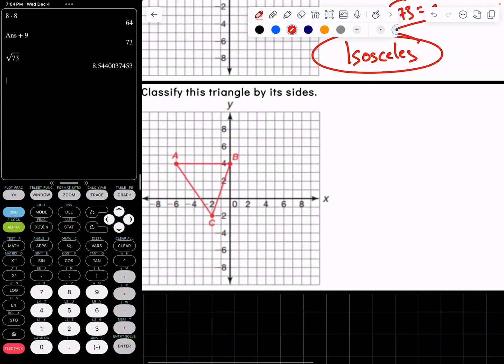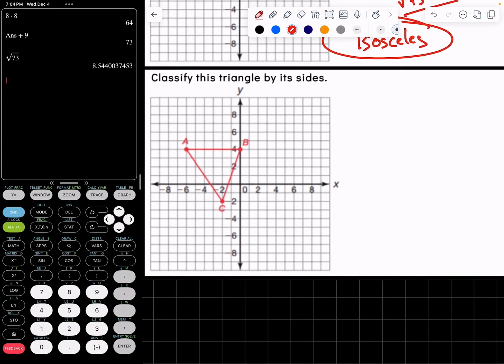Okay. Now, this one, classifying it by its sides, we have 1, 2, 3, 4, 5, 6. We have, that's going to be 6 down, 1, 2, 3, 4. So those triangles are going to be different.